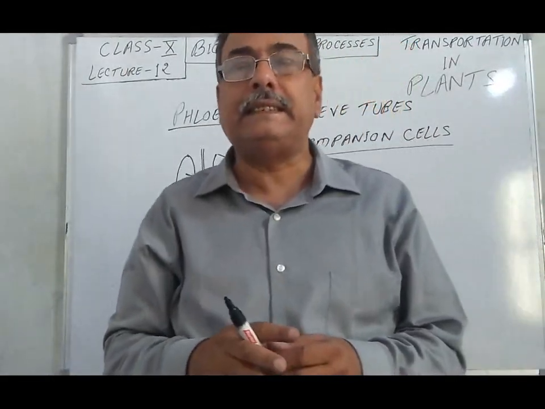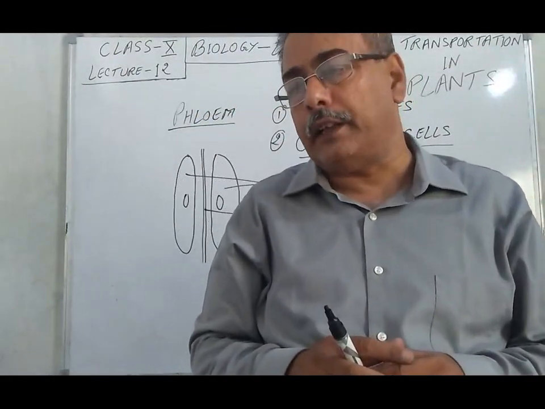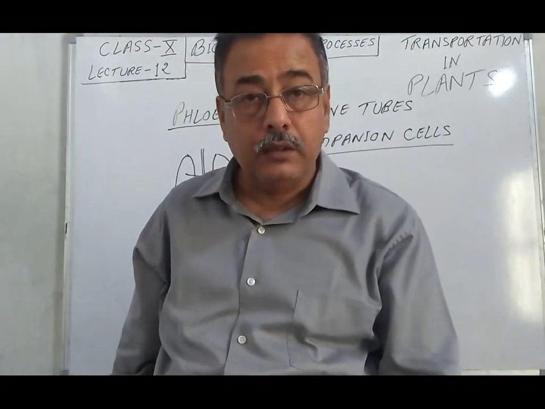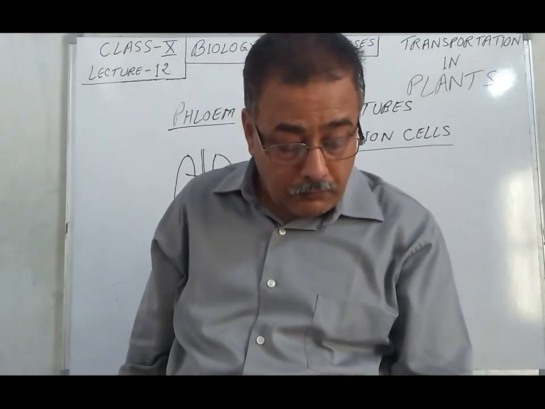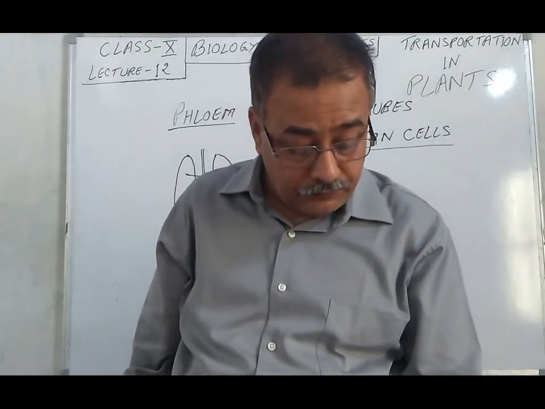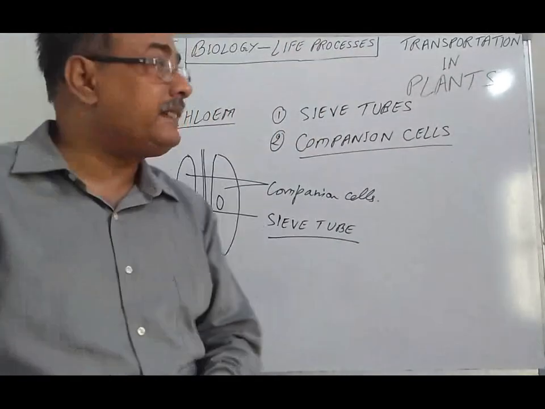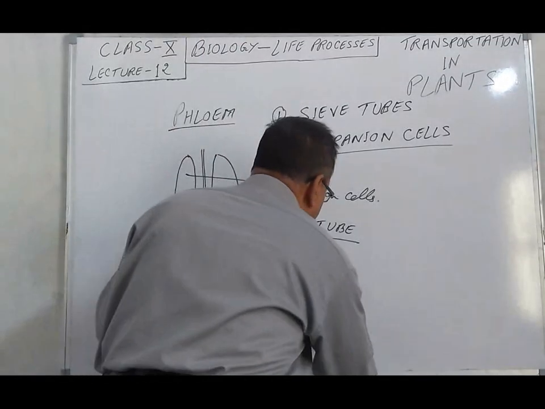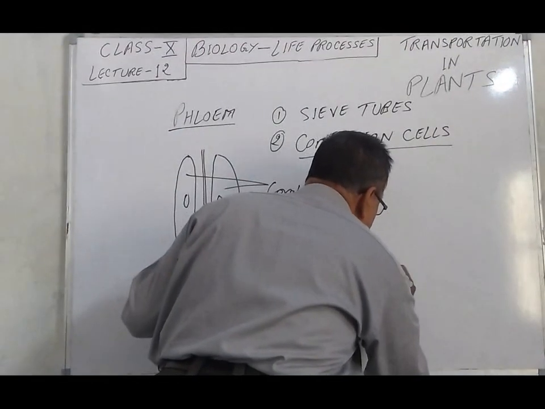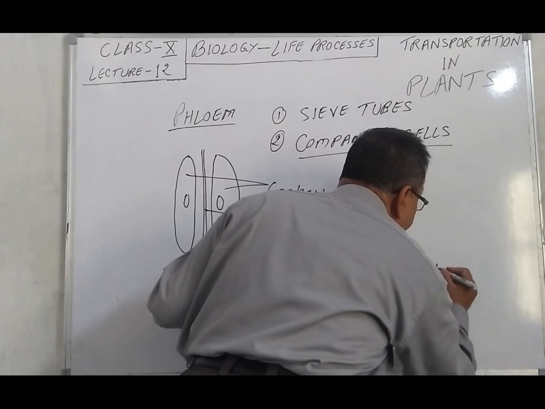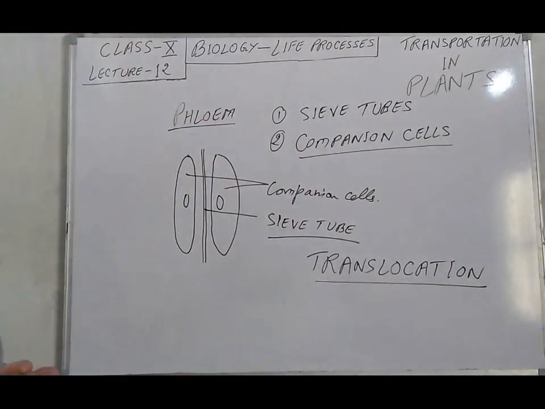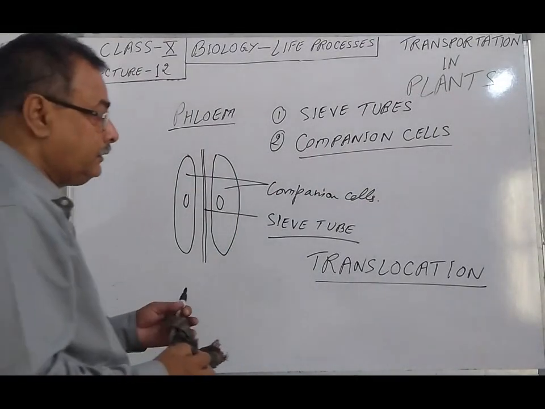Food is synthesized in the chlorophyll-containing organ, that is the leaves, as we have discussed. The soluble products of photosynthesis are transported, and this transportation is known as translocation.